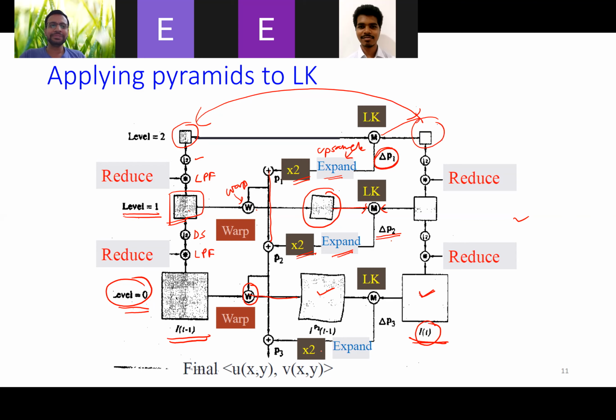Is that clear? So what does warping mean here? Warping is applying a transform. We have seen in image transforms, if you recollect the last two slides, how you do inverse warping also. Essentially, the result at the end of this tells you at each pixel how much motion it has in x as well as y.